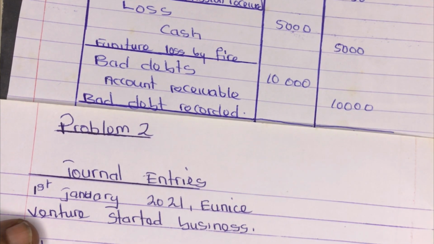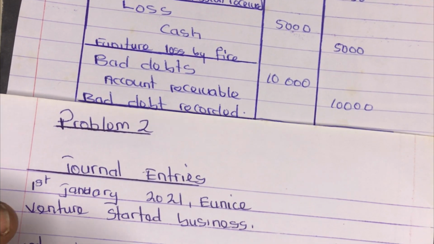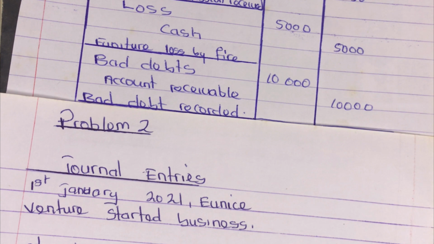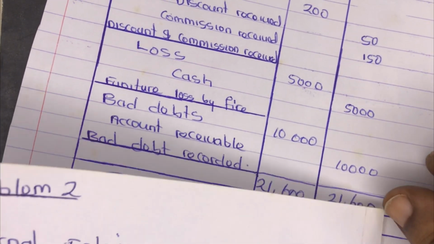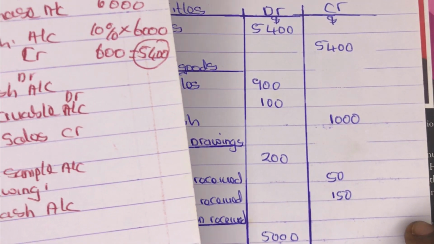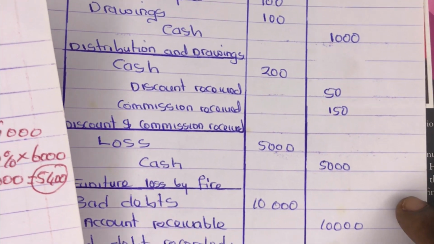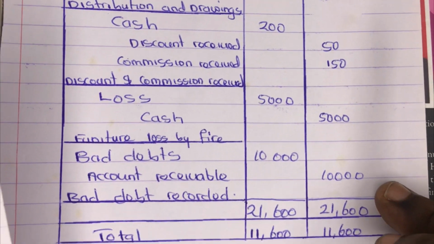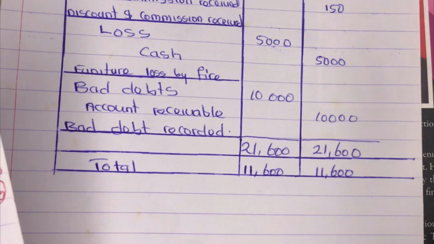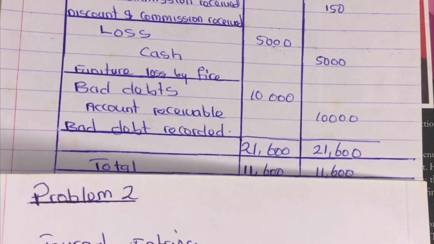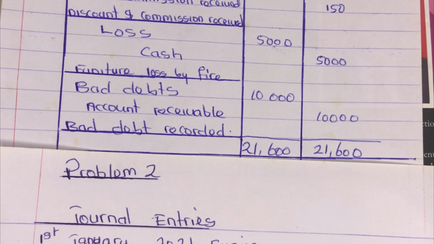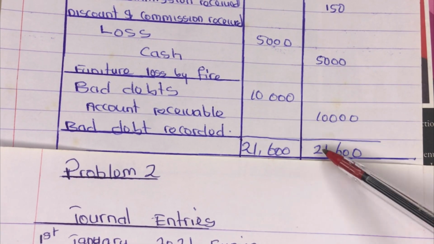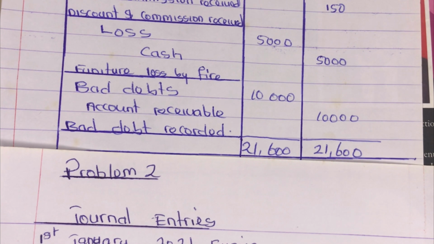Bad debt recorded. So that is the narrative of the transaction. So at the end of the transaction, remember you sum all the debit and the credit column. So if you sum everything, the debit column must be equal to the credit column. So if you sum everything, you will arrive at this amount.